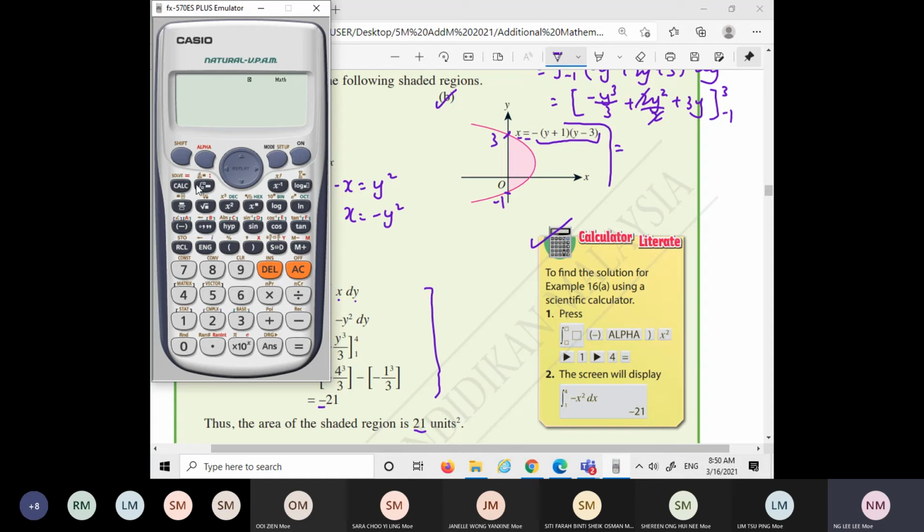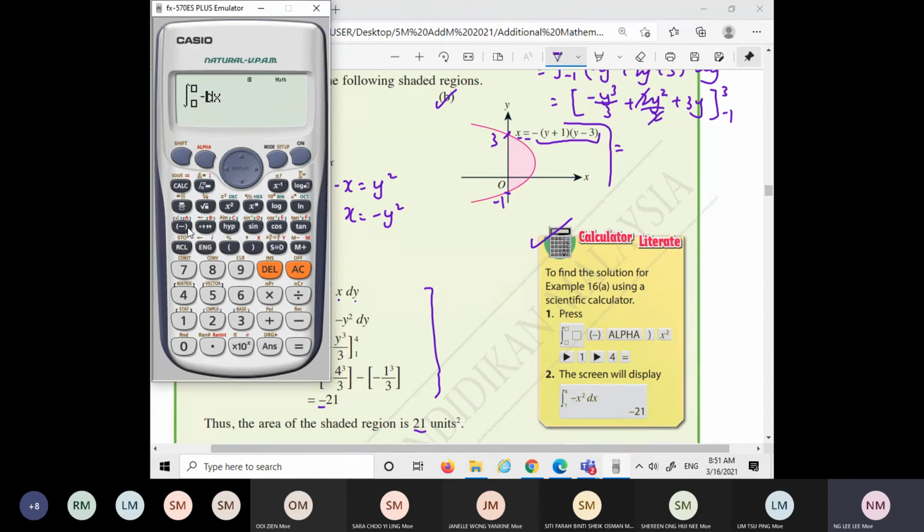So we start with this. Put in the integration. This is negative x squared dx. The calculator reads everything in x, so the y here you change to x. Therefore, actually you are doing negative x squared dx. So you key in negative, this key. The x squared you have to ask your calculator to read as alpha, which means not a number, it's a variable.